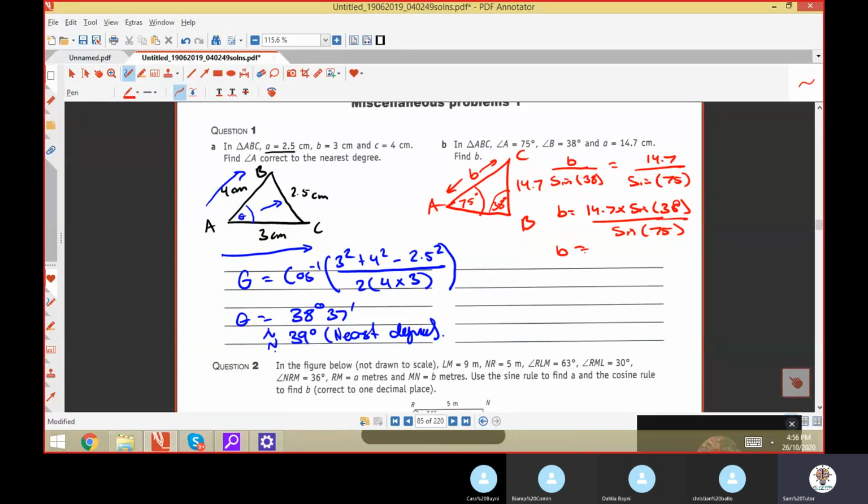Yeah, there we go. 9.36 centimeters. Well, actually, it's rounding up, so it'll be 9.37.